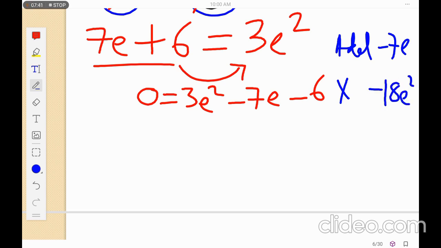So what numbers can we think of that when we add, we'll get minus 7, then when we multiply, we get that.